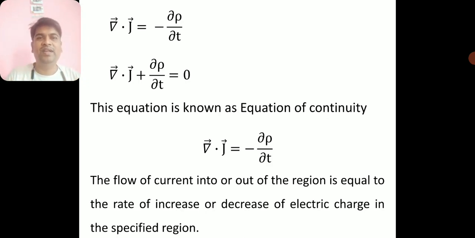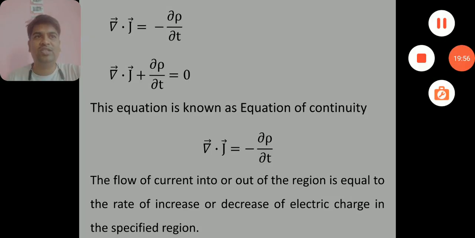So current going out is the same as the decrease of electric charge, and current coming in is the same as the increase of electric charge in that specific region.